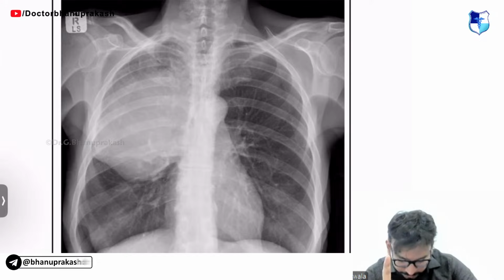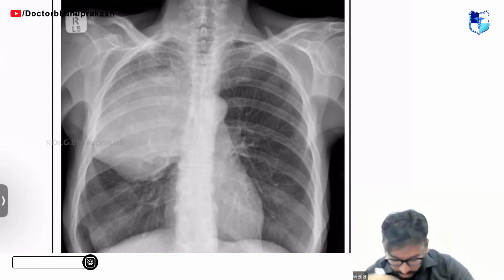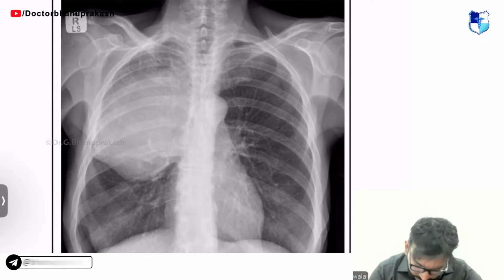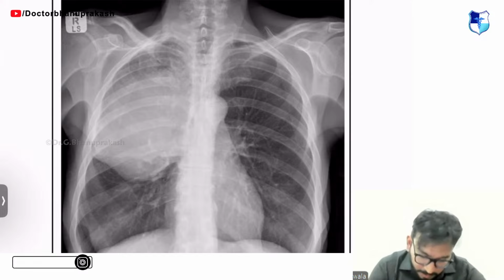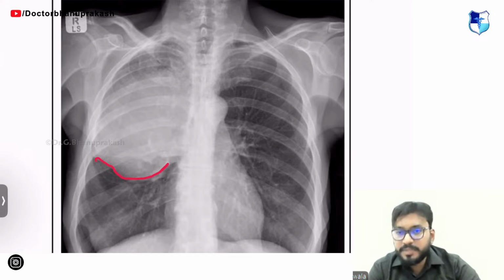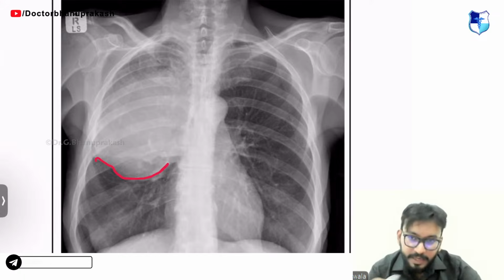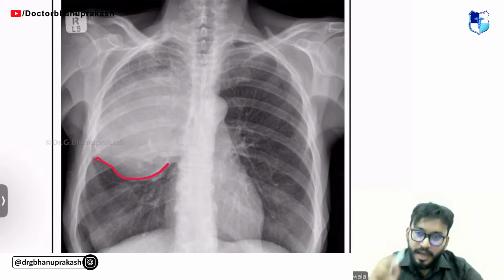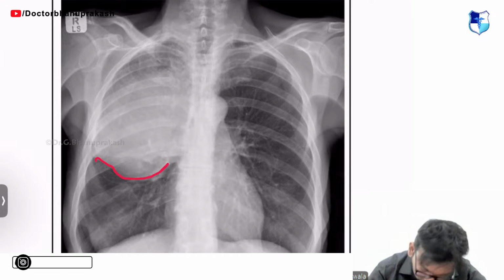What is this? Come on, join the dots, everyone. Yes, you're right. This is the bulging fissure sign, and this is seen in Klebsiella pneumoniae pneumonia. Klebsiella pneumoniae is the organism, and this is a classical bulging fissure sign, alcoholic with red currant jelly sputum.